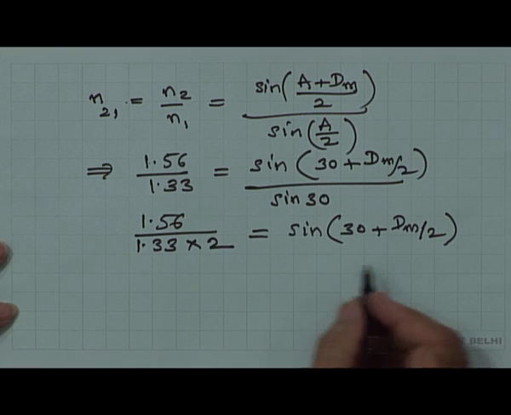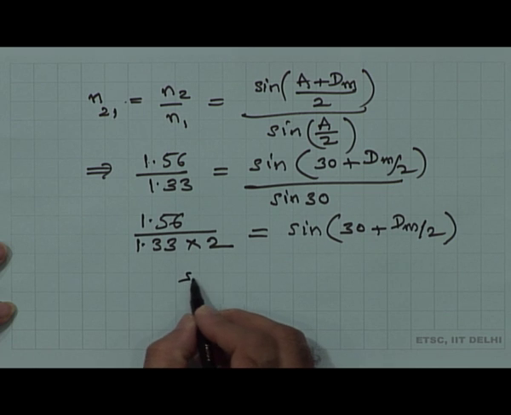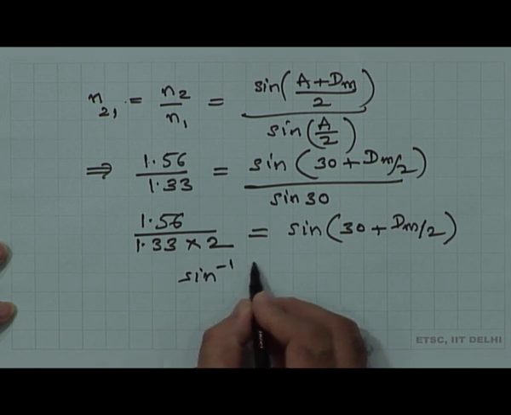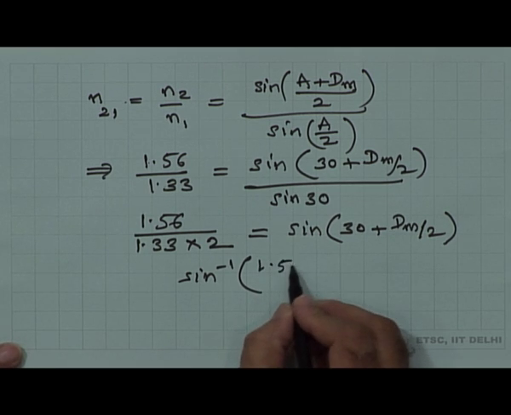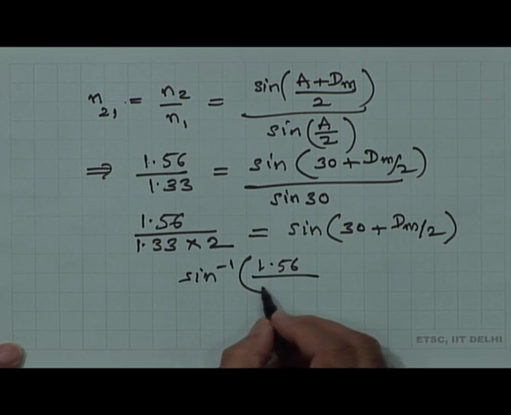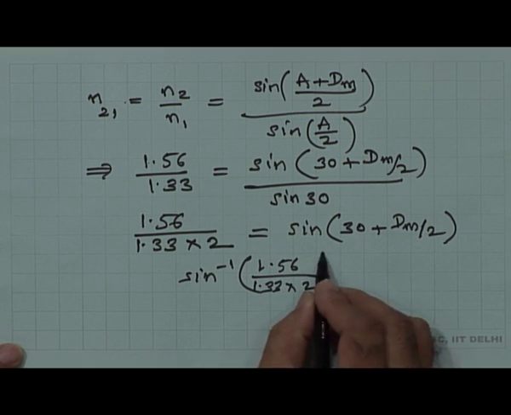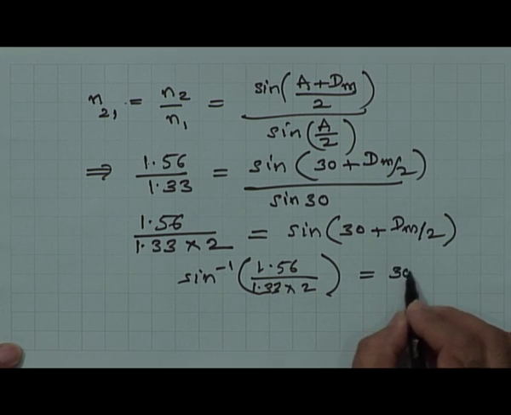If you simplify this, we take the inverse of this: sin inverse of 1.56 by 2, which is 0.78, divided by 1.33 is equal to 30 plus dm by 2.